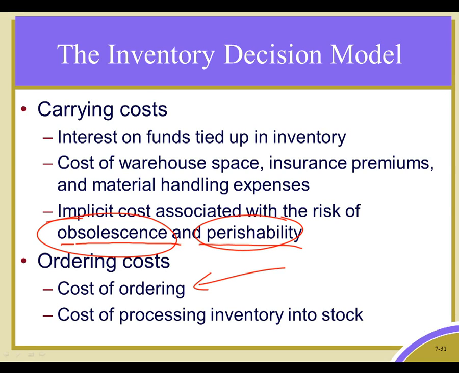So if every day we get new inventory to stock, there's the cost of actually stocking it. There's shipping costs. Shipping dozens of small orders is more expensive than shipping one really large order to us. So really what the company is going to try to do is to balance these inventory carrying costs against the inventory ordering costs.